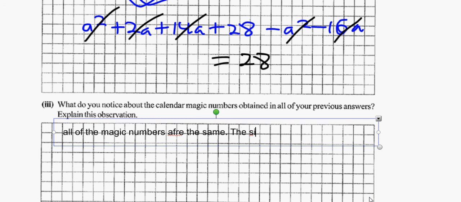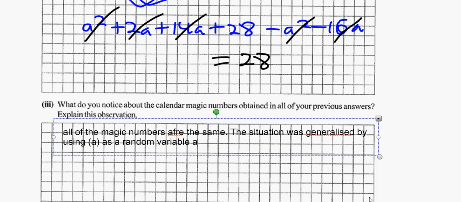The situation was generalized by using A as a random variable, and the magic number still came out at 28.